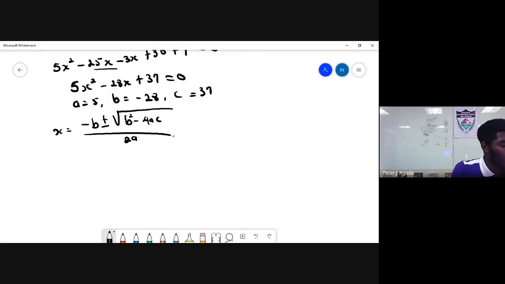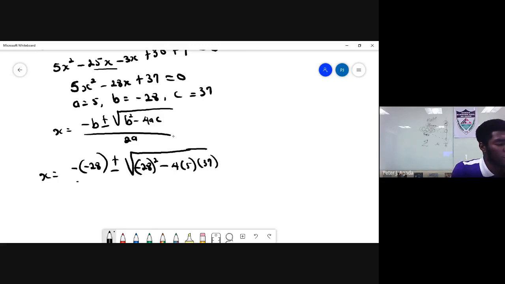So from this part, I can have my b as negative 28, close my parenthesis, plus or minus, open that, minus b squared, plus my minus b, plus negative 28, squared, minus 4, my a is 5, and my c is 37. All of this is equal to x, all over my 2a. So my 2a is 2 and 5.